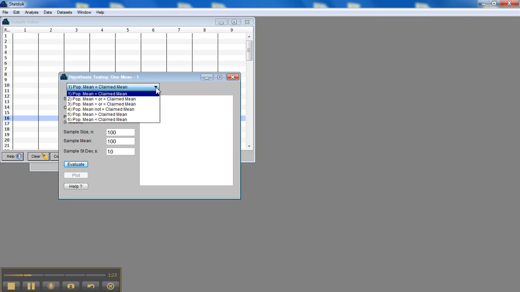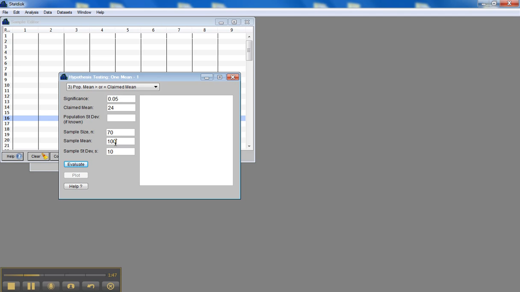Our hypothesis was that the population mean was going to be greater than or equal to the claimed mean. Now the claimed mean was 24, and then our sample size was 70.